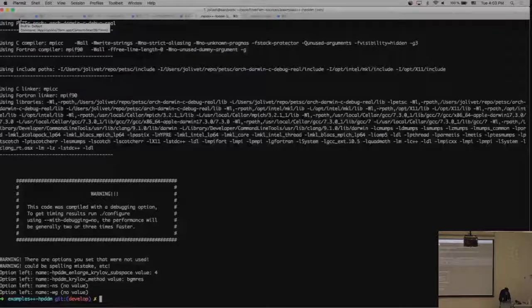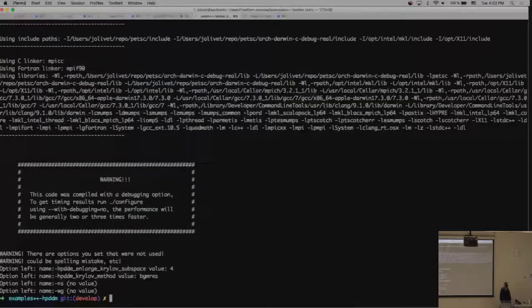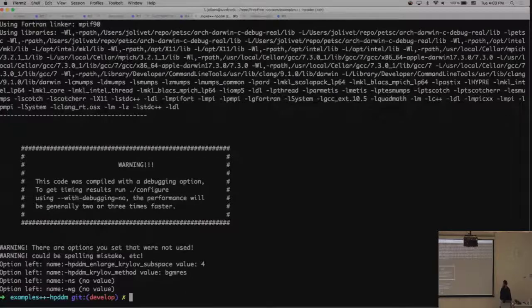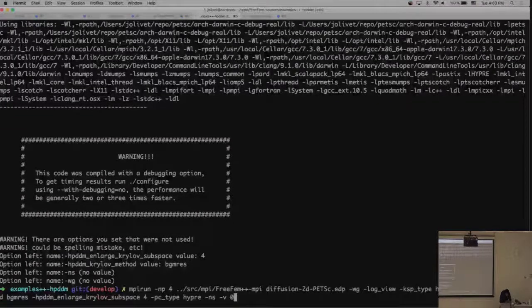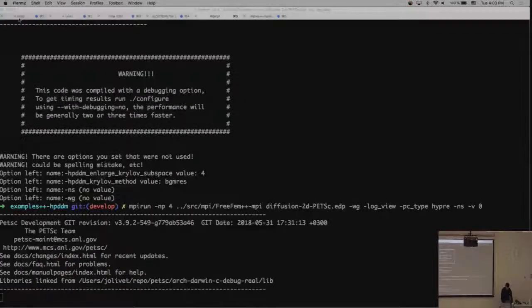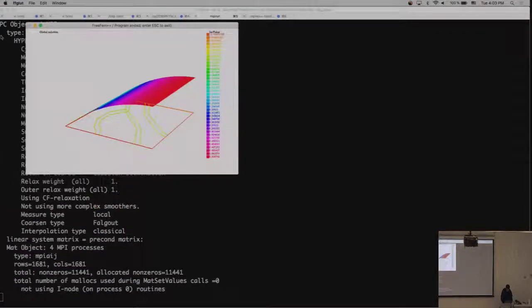As I told you, I'm using FreeFem++, and I will just solve two simple problems, which is a diffusion equation. And because this morning we talked about complex-valued problems, I'll then do a Helmholtz equation. For the first problem, I will solve a diffusion problem with Hypre as a preconditioner. So this is nothing fancy.